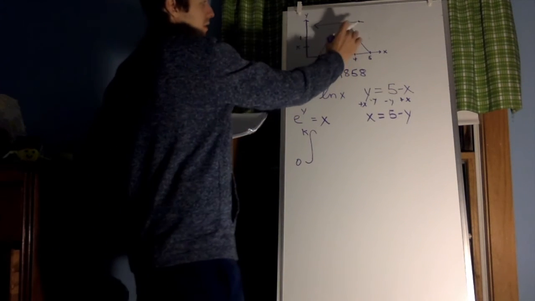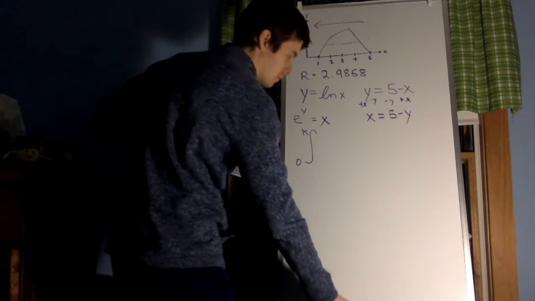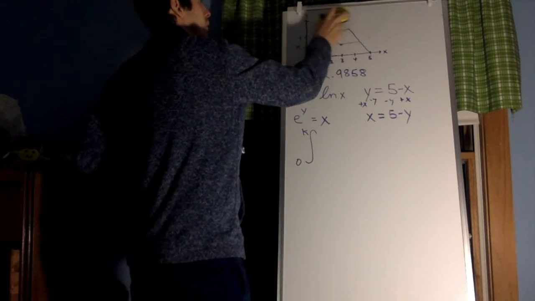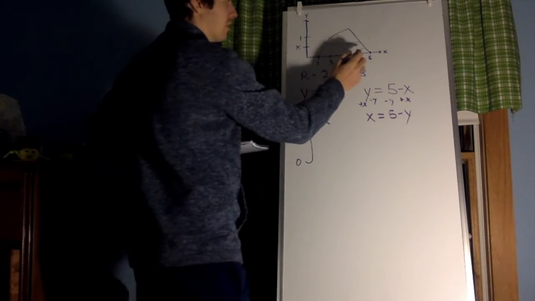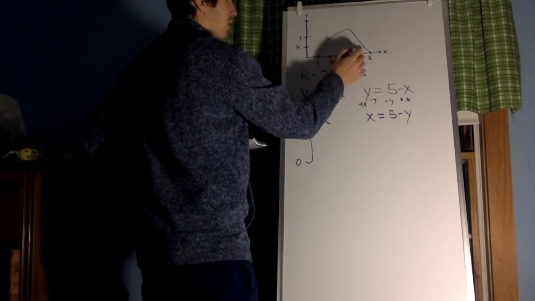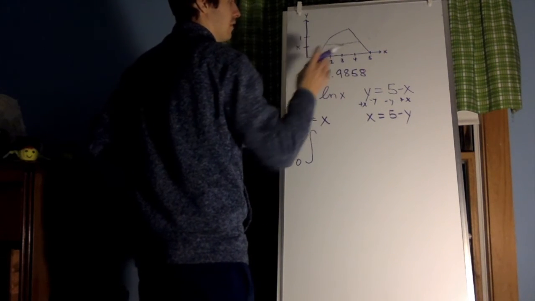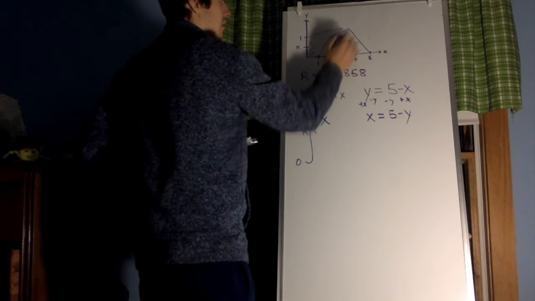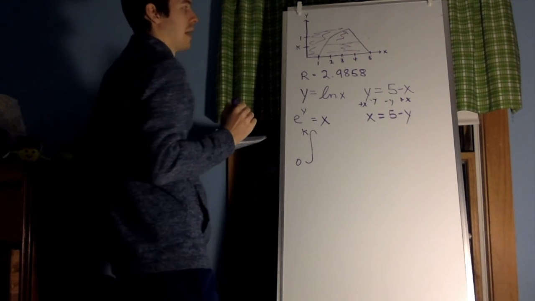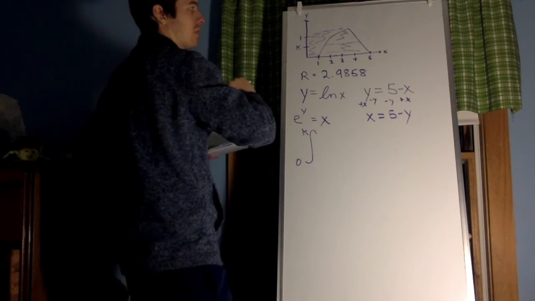What we know is that this whole area here is going to be equal to whatever my top function is, in other words, my further to the right function. It's going to be this whole area here, minus what's below my bottom function.